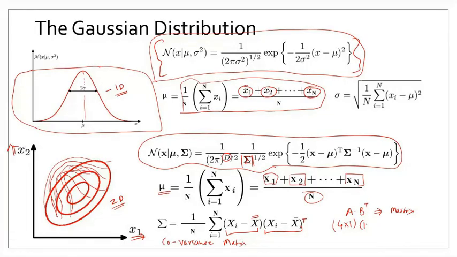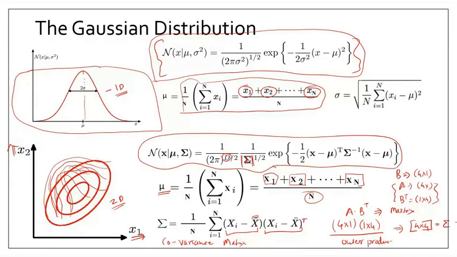So the transpose of B will give you 1 by 4. If I multiply these two, it is called the outer product. This will result in a 4 by 4 matrix, and that is here called sigma or the covariance matrix.